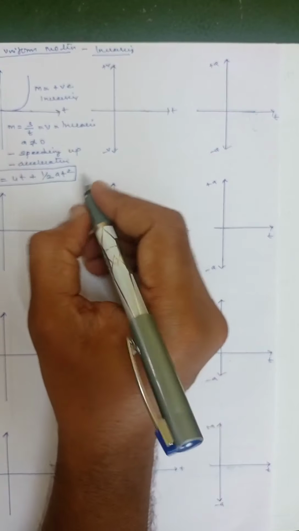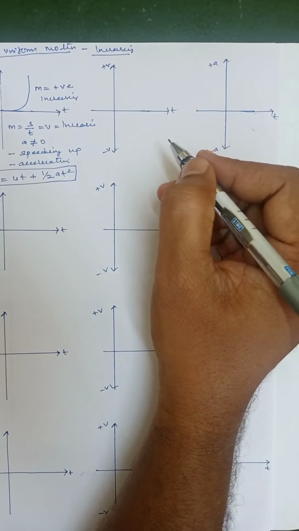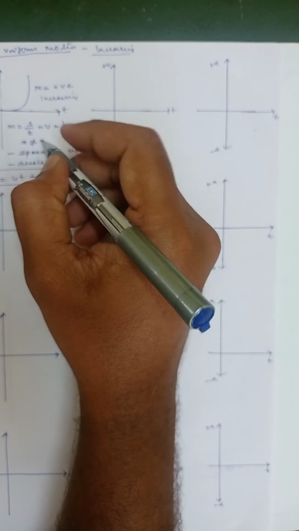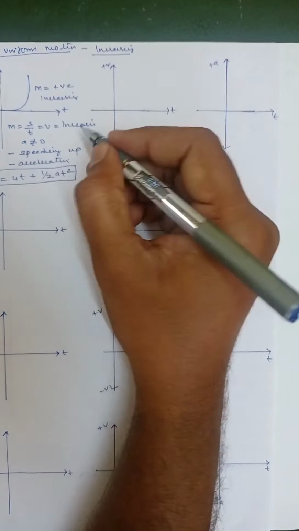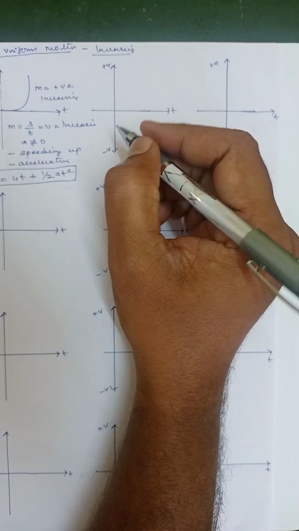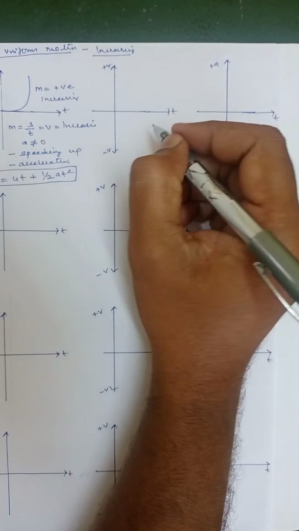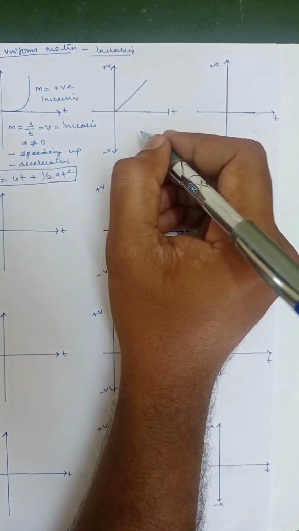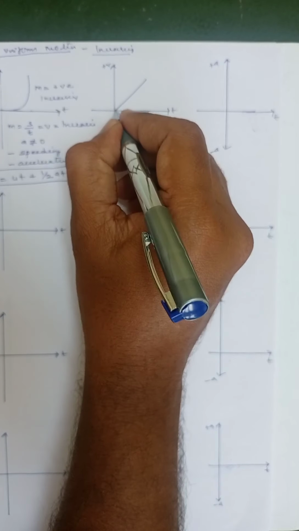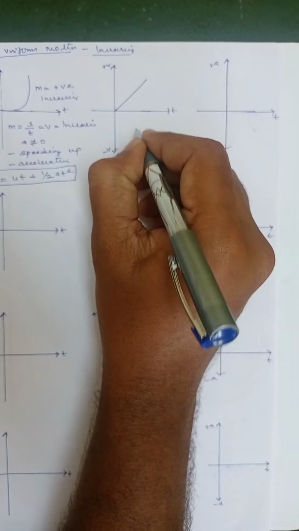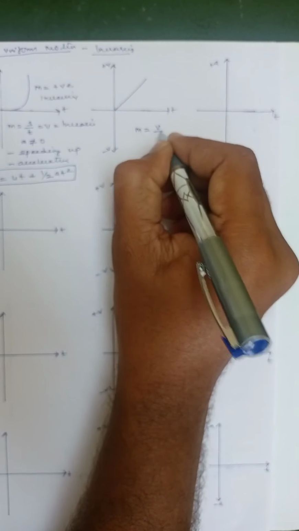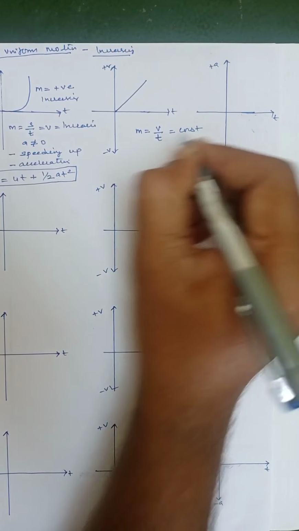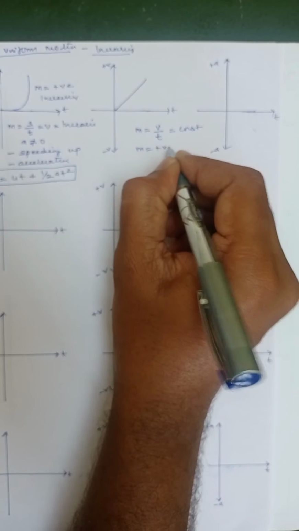Okay, then here, so m is equal to v, now a is not equal to 0, so a is accelerating, hence v is increasing, hence the graph becomes like this. Here m equal to v by t, and this slope gives constant, and m equal to positive.